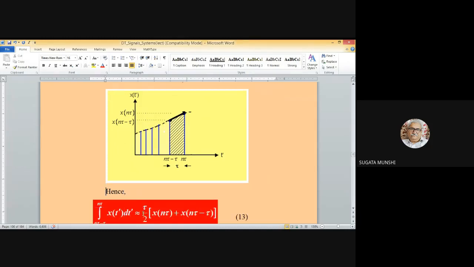So this is the area of the trapezium, tau by 2 times the sum of those two sides. This is x n tau, and this one is x n tau minus tau. Sum of the parallel sides times tau by 2.